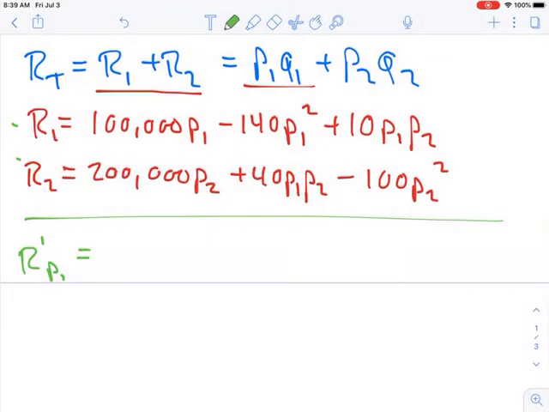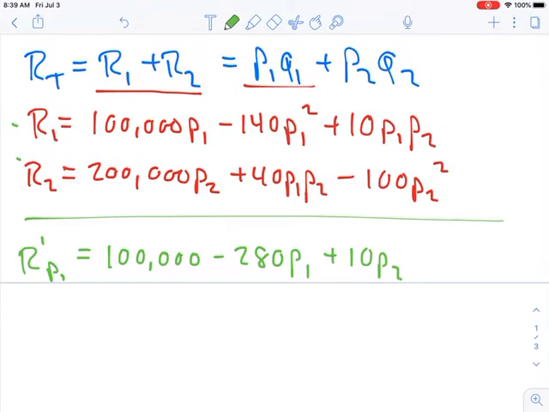So the derivative of R1 with respect to P1 is 100,000 minus 280 P1 plus 10 P2.